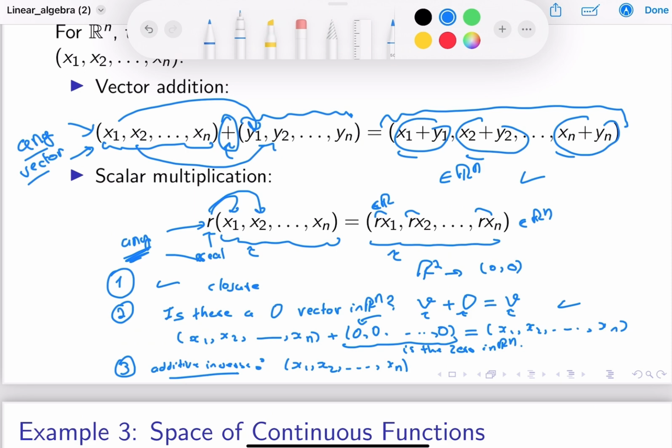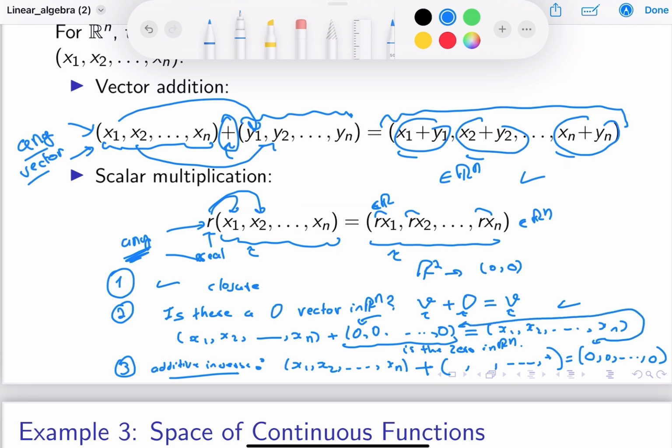So you start with any element in Rn, and you want to add it to something else so that once you do that, you get the zero vector. So what is that vector? Remember, this is the zero that we just defined to be the zero of Rn.